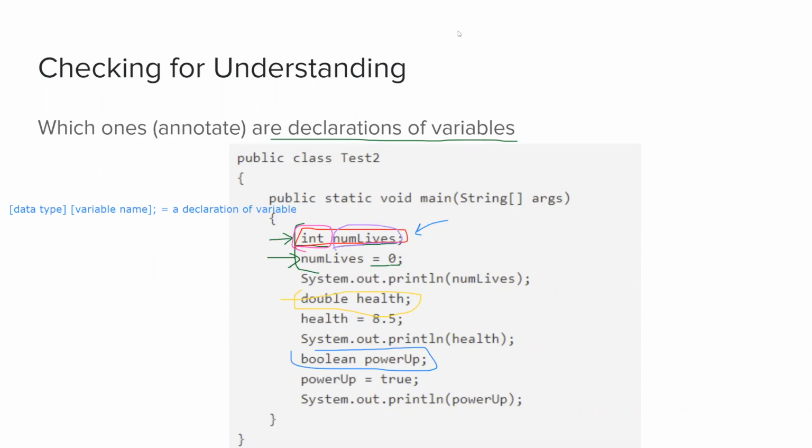Then double is your data type. The second one, health, is your name. The third one, boolean, is your data type, and your variable name is powerUp. So there are three declarations right here.